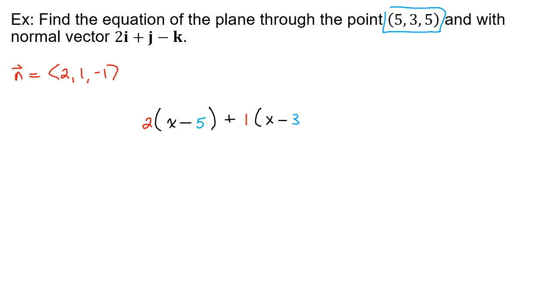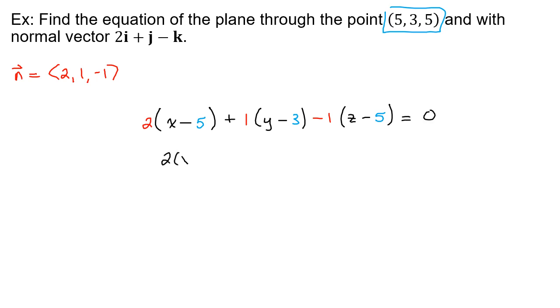Oh, sorry, I said x. I meant to say y. By the way, that's going to happen a lot because I get used to writing the letter x. And then I'll have a minus 1 times z minus the z value, which is 5, equals 0. So that's where all the numbers would go.